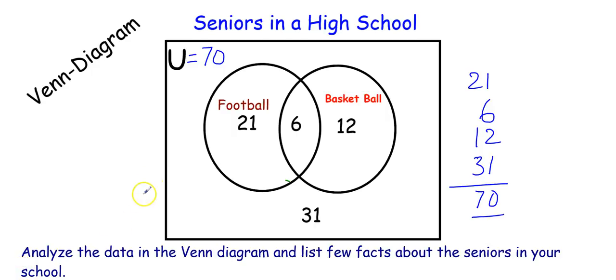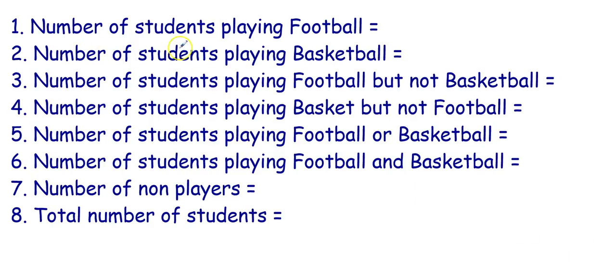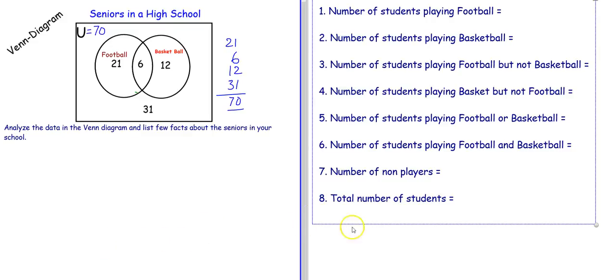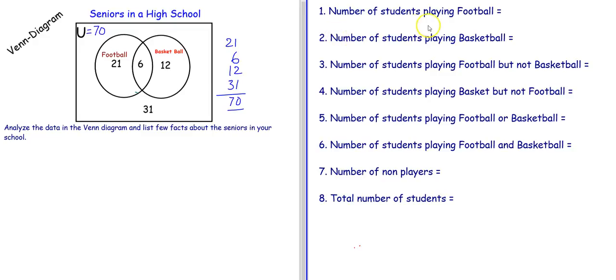Alright. Now, using this information, we have to answer a few questions. Let us look at them. Find the number of students playing football, the number of students playing basketball. Let me bring back the previous screen just now. Okay, the number of football players: how many students are playing football?